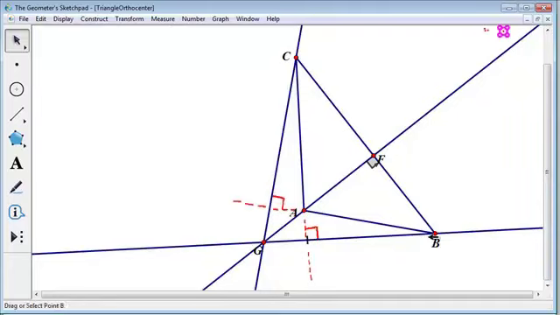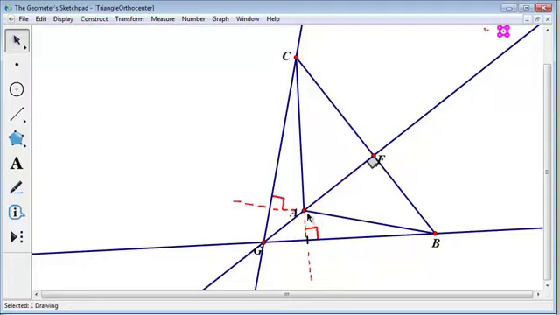Okay, we extend, we have an altitude here. We extend CA down this way, and then here is an altitude for our triangle. This right here. So we have to extend that altitude out.